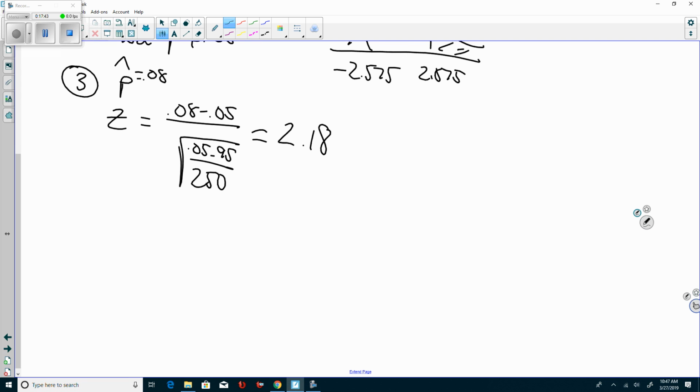2.18. So we are using p-value. Like I said, the previous one is your rejection region. This one's a p-value. So my cumulative area is 0.9854. You get 2.18?